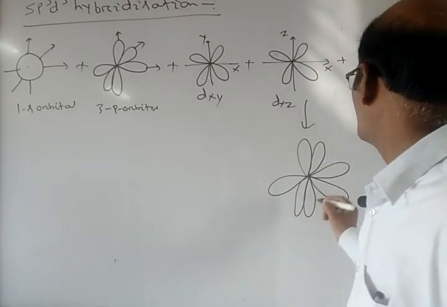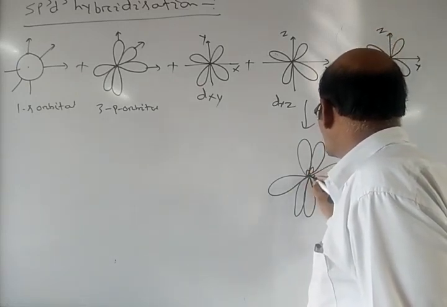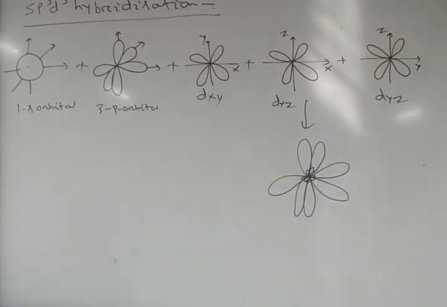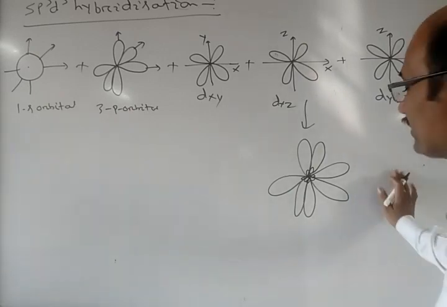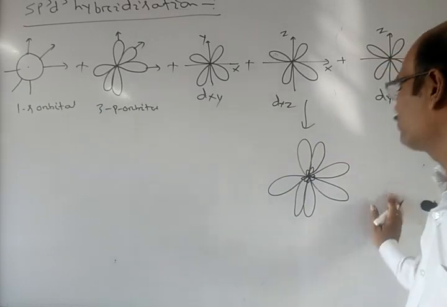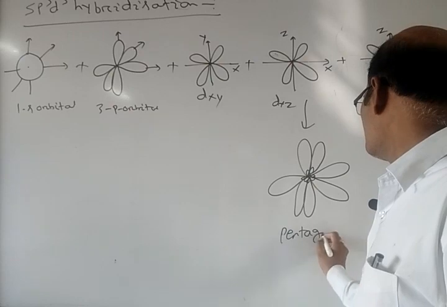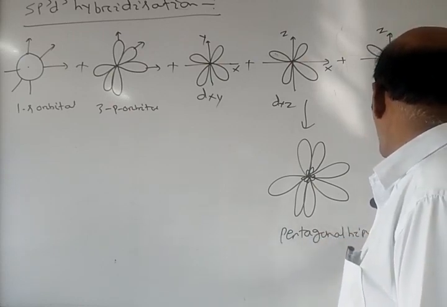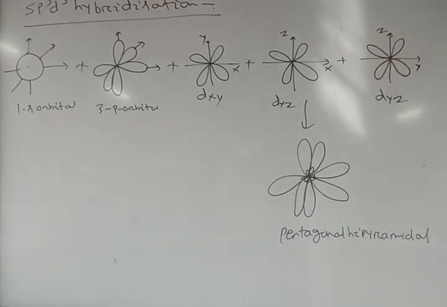The 7 hybrid orbitals sp3d3 are arranged in a pentagonal bipyramidal manner. Here the angles are 90 degrees and 72 degrees.